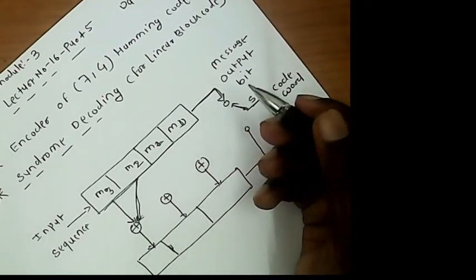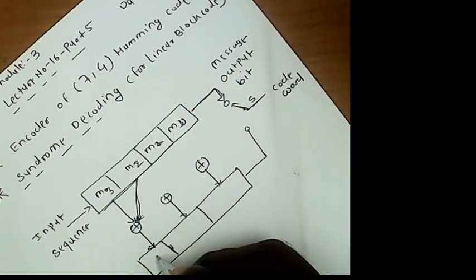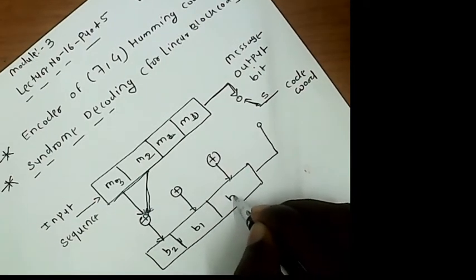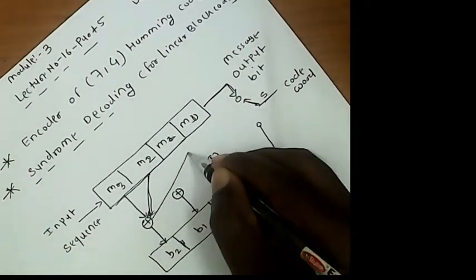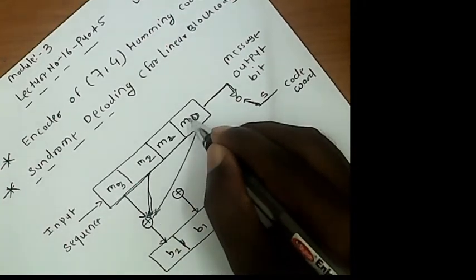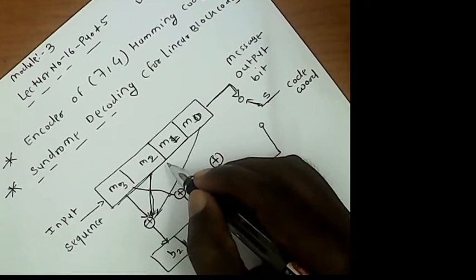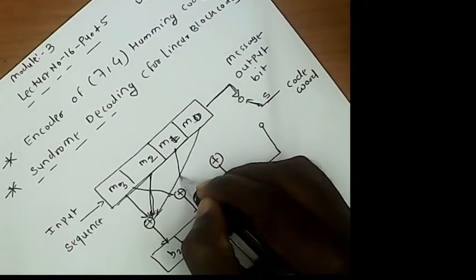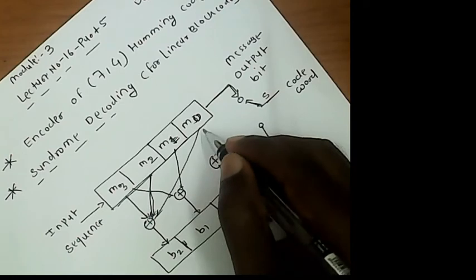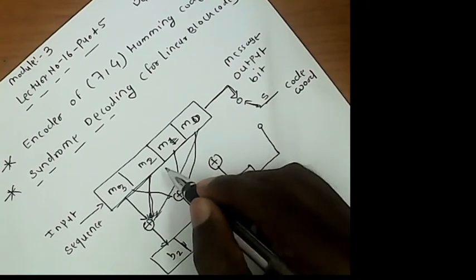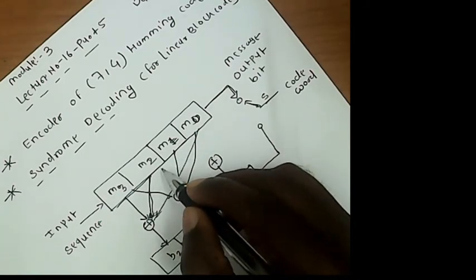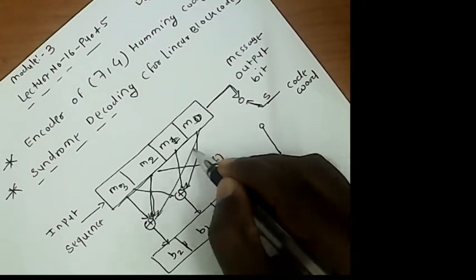In the previous lecture we found the parity bits by using M0, M1, M2. Similarly we can find the parity bits B1 here, and B0 also here.